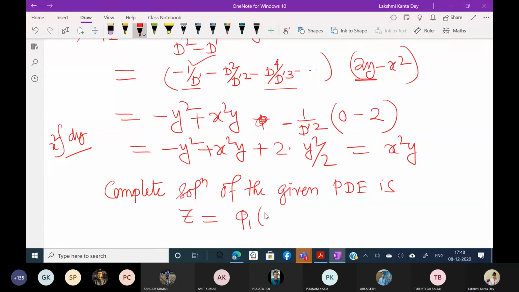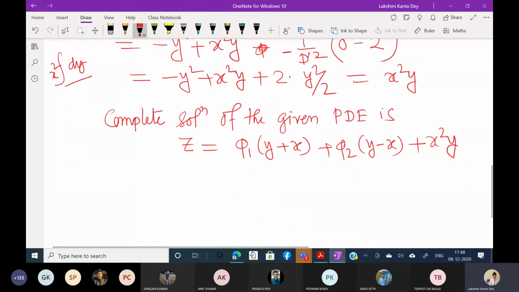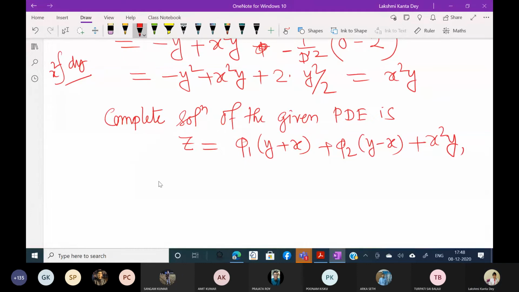Phi1 (y plus x) plus Phi2 (y minus x), and whatever your particular integral, x square y, it is coming. So this is your solution, where ultimately we have to write where Phi1 and Phi2, these two are arbitrary functions.